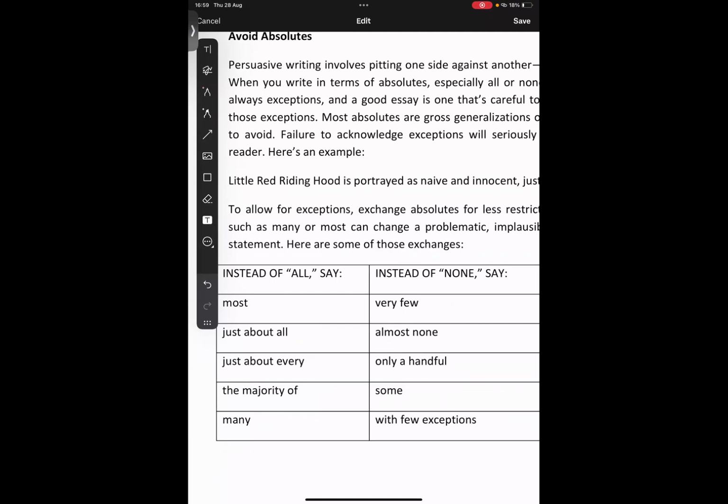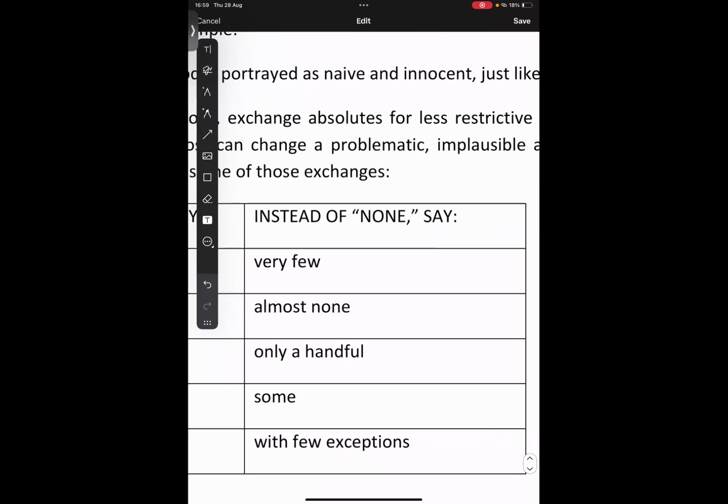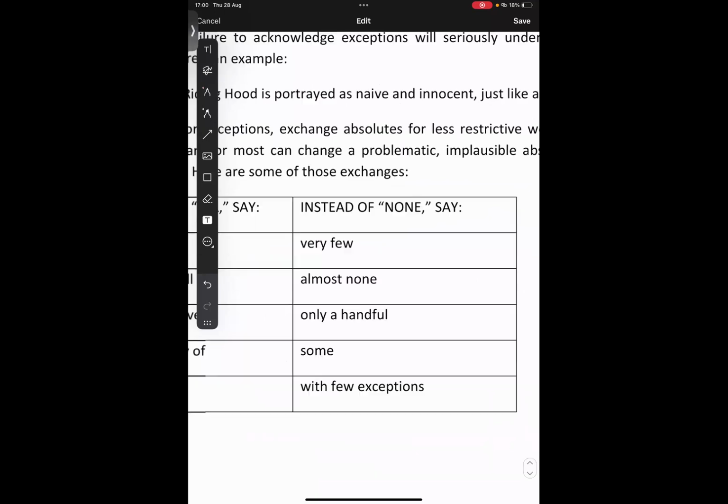So instead of all or every, use words like most, just about all, just about every, the majority of, or many. And instead of none, try words like very few, almost none, only a handful, some, or with a few exceptions. Okay, that's it. No big deal.